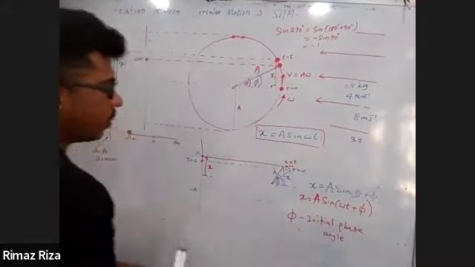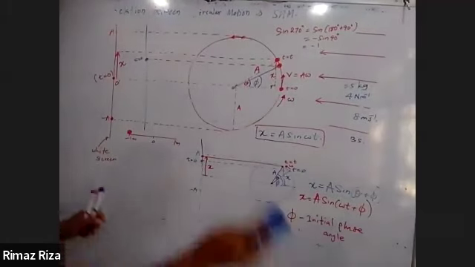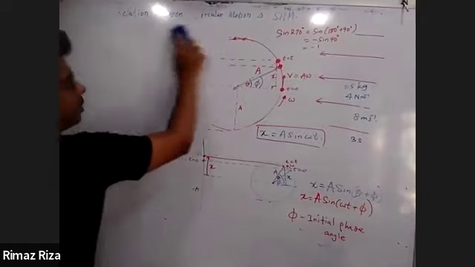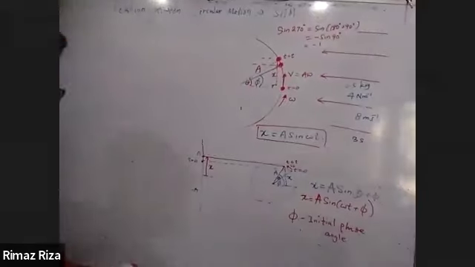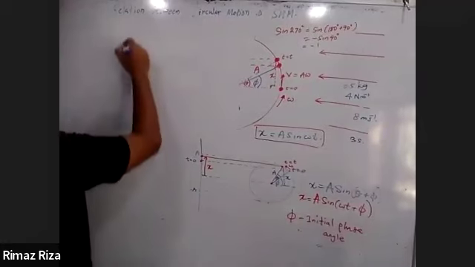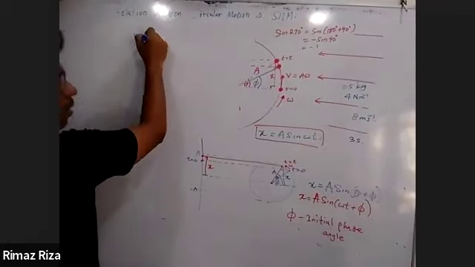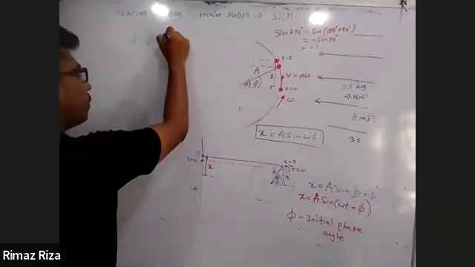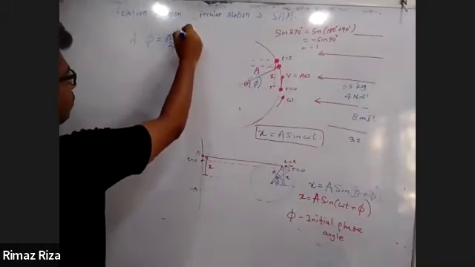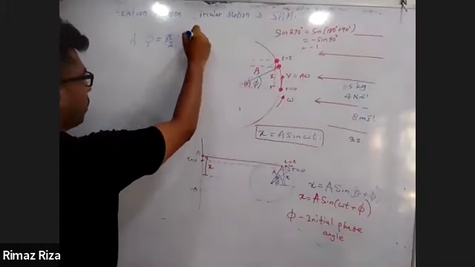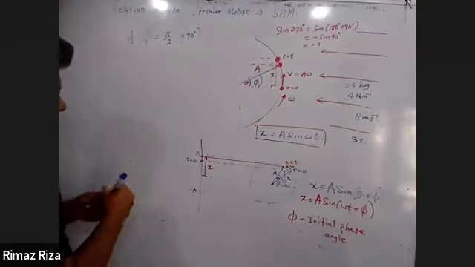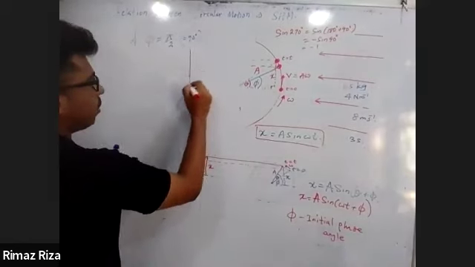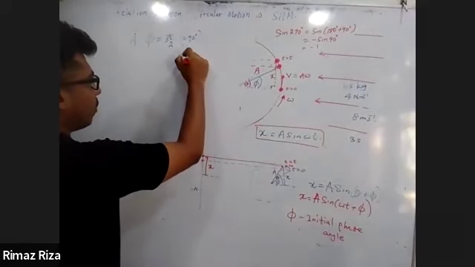Note down this. And after that, if phi is equal to pi over 2, 90 degrees, that means you consider the particle is starting from its amplitude.